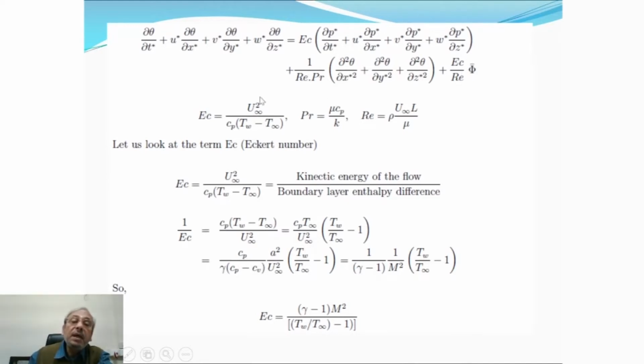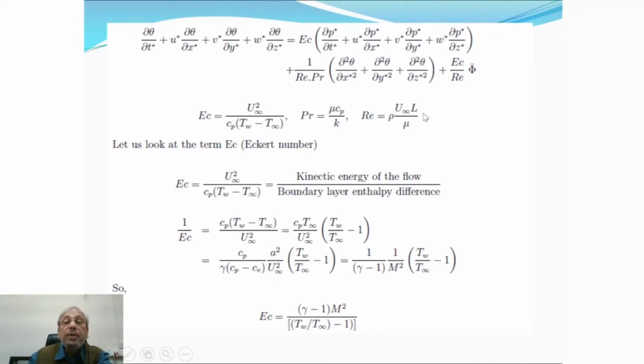Now Eckert number we have seen, this is U∞² divided by Cp(Tw − T∞). Prandtl number is μ Cp by k, and Reynolds number is ρ U∞ L by μ.